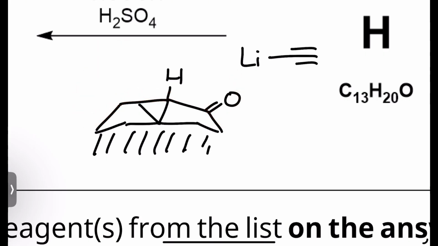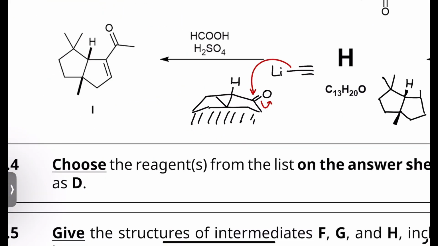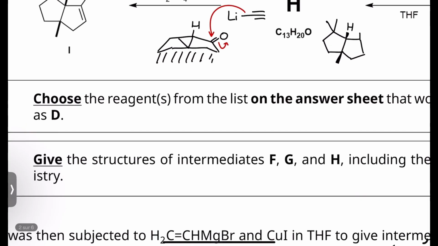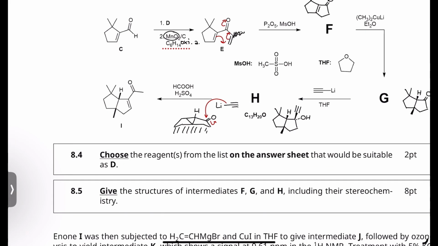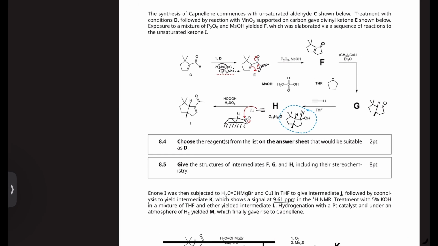So the alkynyl lithium will attack your carbonyl on the top face. So H will have the alkyne attached to the upper face of the fused ring, and pushes down the hydroxyl group like so. So that's the fused ring stereochemistry.